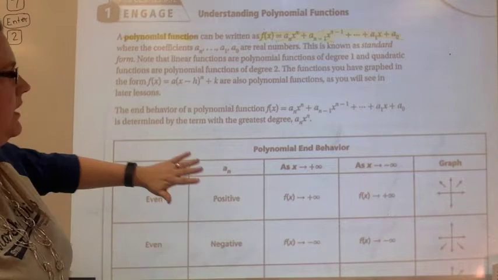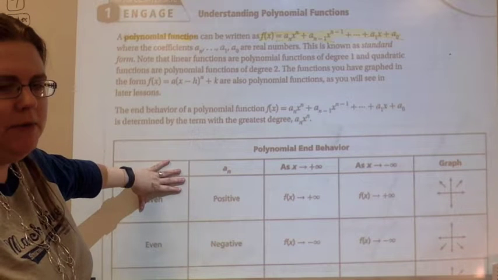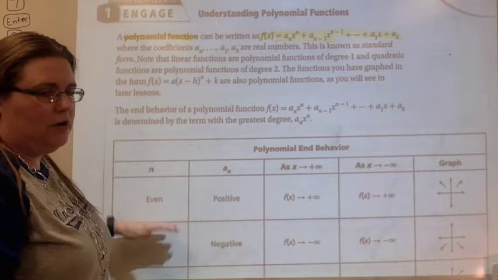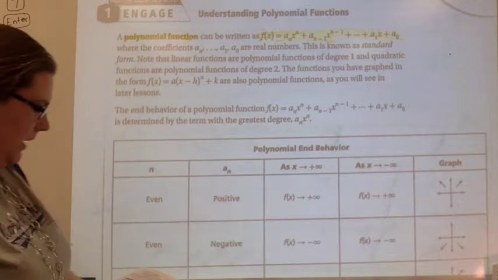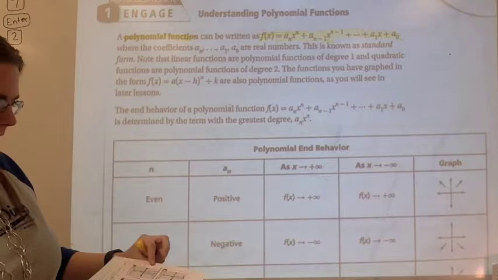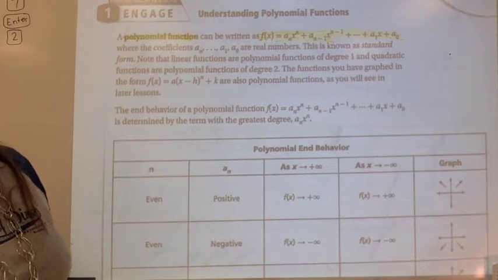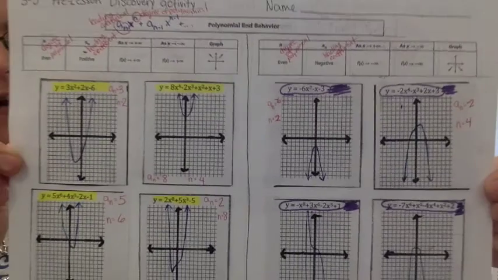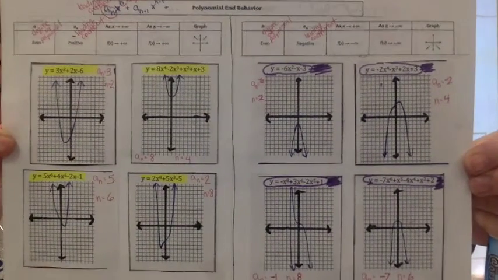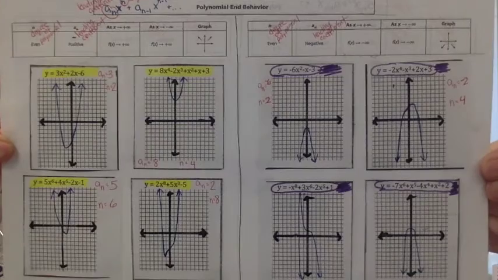The second thing is looking at this polynomial behavior box down here. You can see that there are 4 columns, and hopefully you'll notice that I have cut and pasted those onto the polynomial behavior sheet that we did in today's activity. So this is today's activity. You should have everything on your paper like I have on here. So this is the key to it.